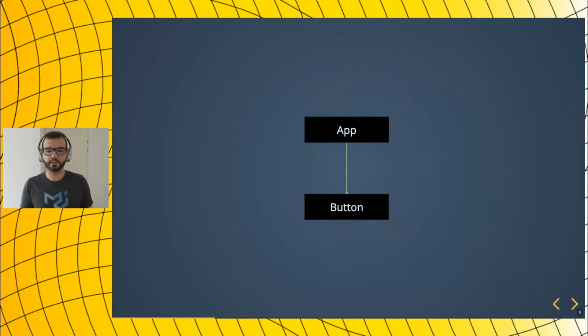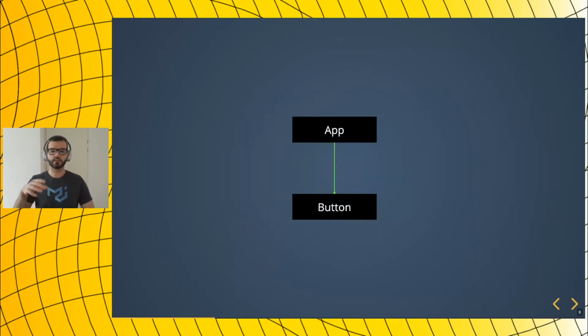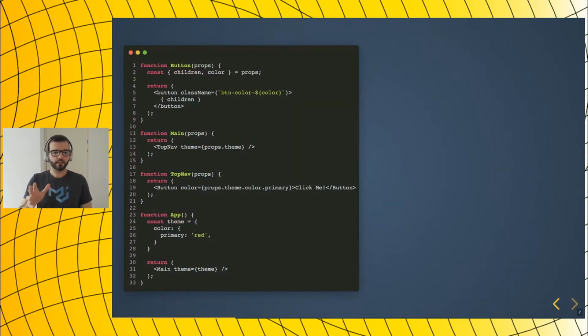As you can see, it's a single direction and only a single level where we're passing props. So basically we have a relationship where our app passes the prop directly to our button with a single level. Now this is, again, the most basic example. So let's look at something a little bit more interesting with another example and spice it up a bit. Again, here I have a pretty similar structure.